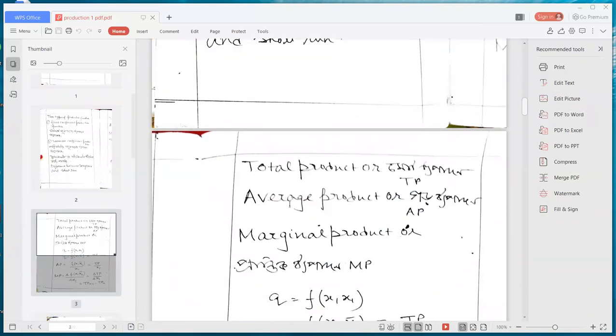What is total product? If we go on increasing the variable factor in the short run and the other factor is kept constant, then total product will increase, reach the maximum and fall.